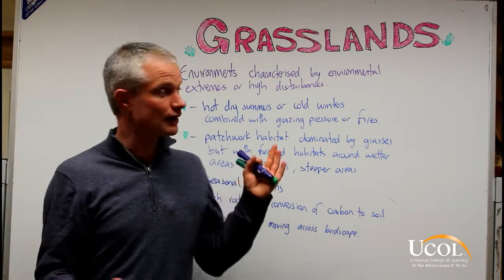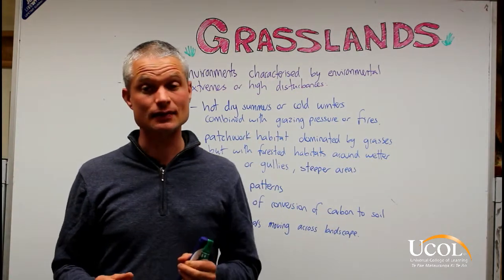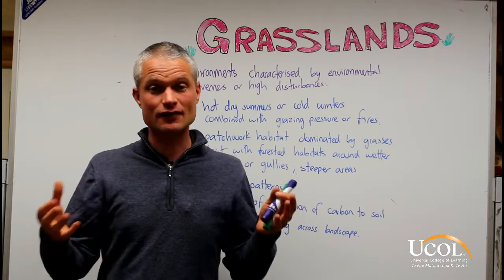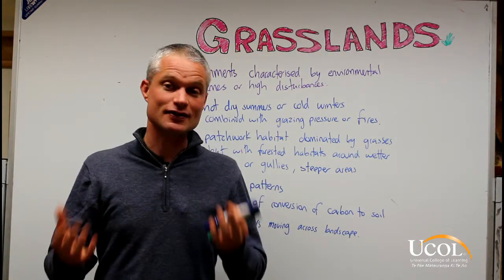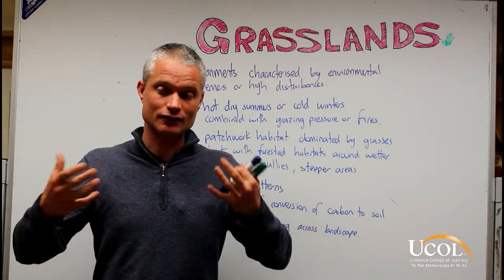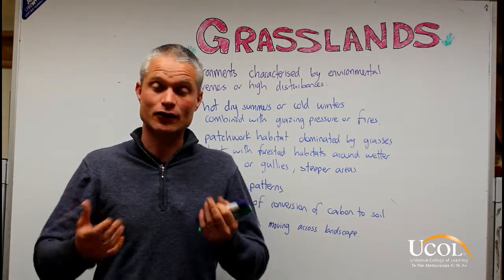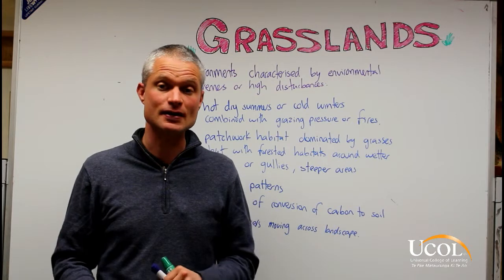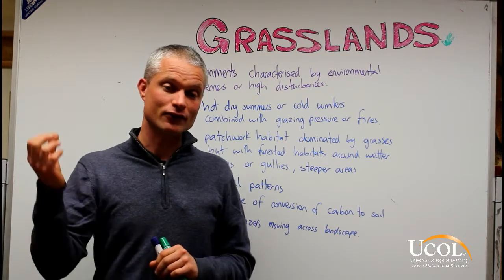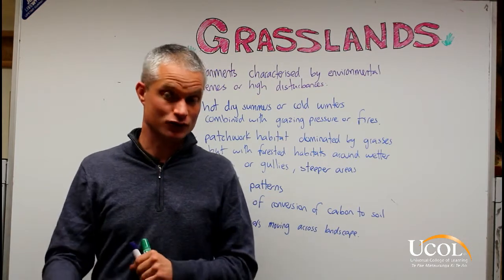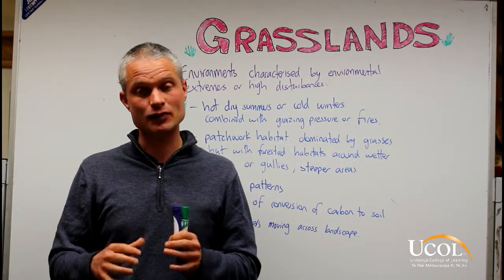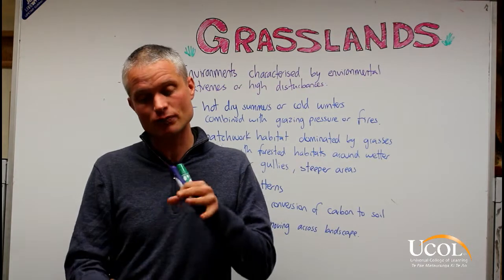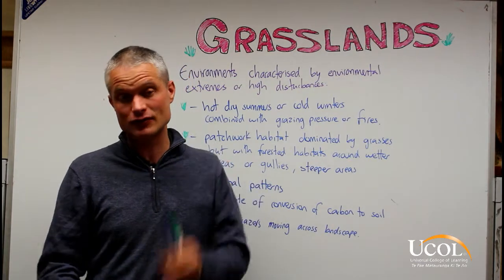But in a grassland system, you get all of the photosynthesizing plants busy photosynthesizing and producing biomass in their growth and producing a big root system, and they're getting browsed, and all that carbon's being returned to the soil as a manure. So in those types of systems, you get a lot of carbon being stored in the soil, and that soil builds up in richness and depth over time.